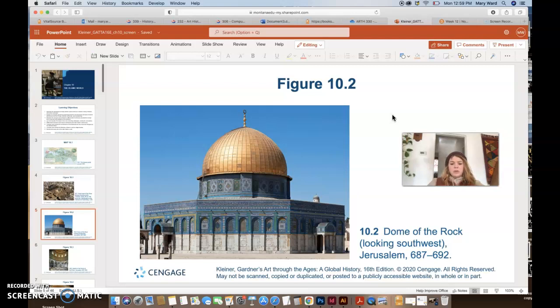The structure is called the Dome of the Rock, and it's in Jerusalem, and we can see it here. Originally, the Hebrews had the Temple of Solomon in this location, but the temple was destroyed and rebuilt several times before it was destroyed, and the Dome of the Rock was finally built in this location and still survives to this day.